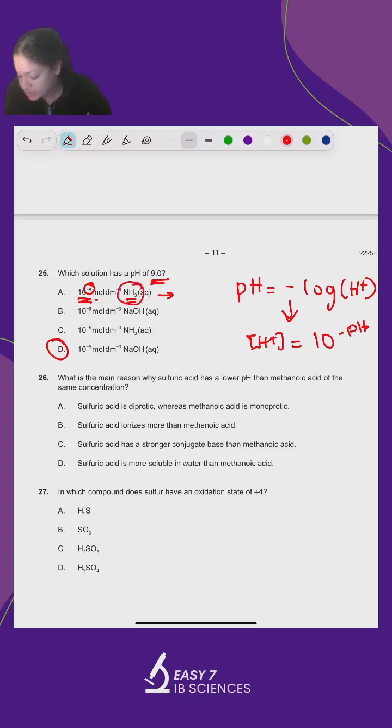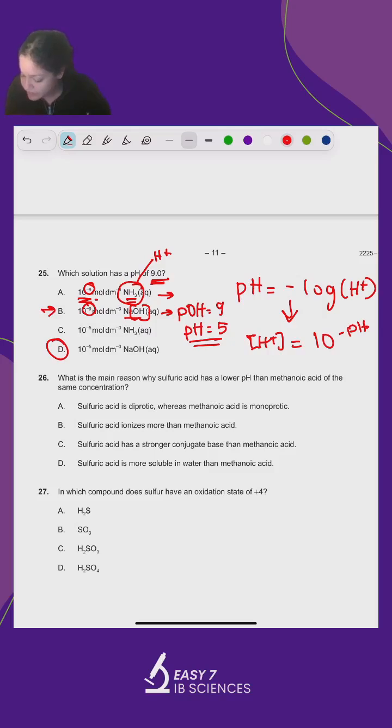Because it's actually just NH3 plus, which means this is my H plus. Now, what about NaOH? NaOH, the 9 here refers to the concentration of the OH. It's the pOH. So because of that being the pOH, this 9 is my pOH. So therefore, my pH is going to be 14 minus 9, which is equal to 5. So B actually is a pH of 5.